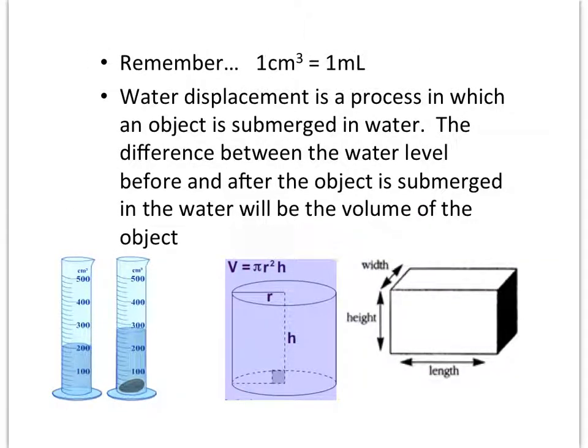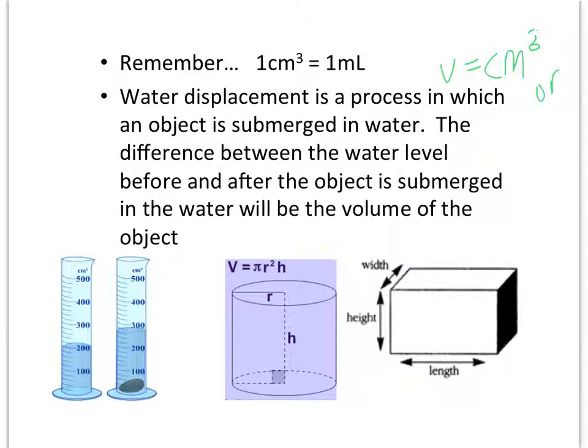When we solve for volume, it is measured in cubic centimeters when we use a mathematical formula and a ruler to make the measurements for the variables in that formula.